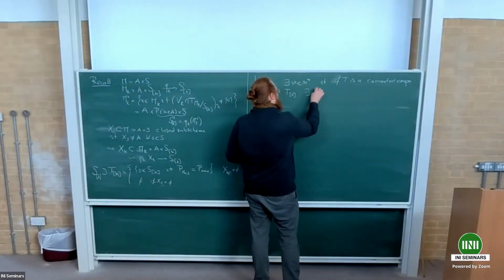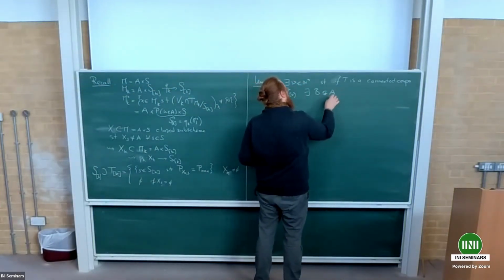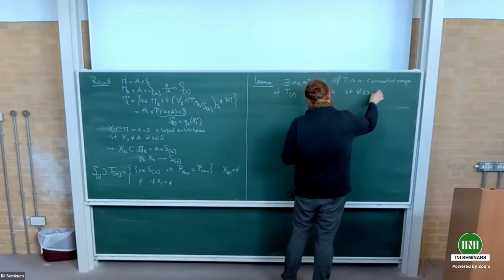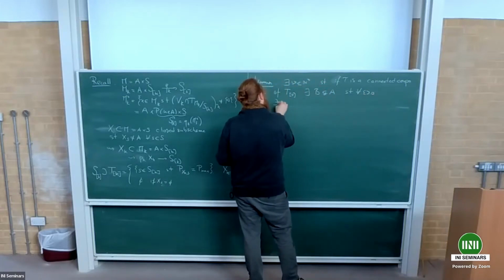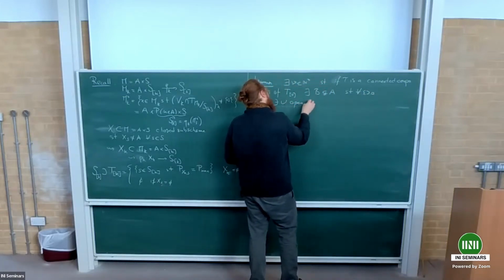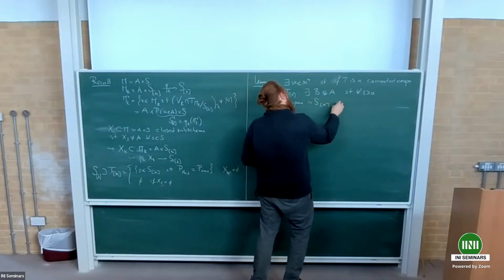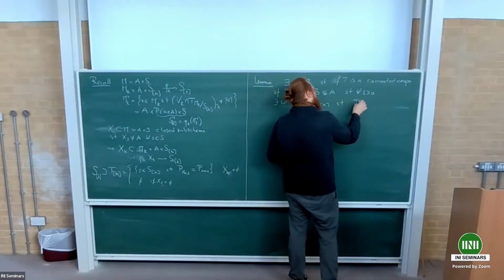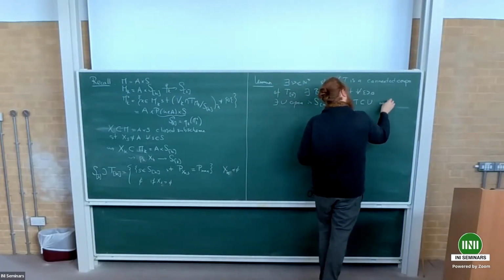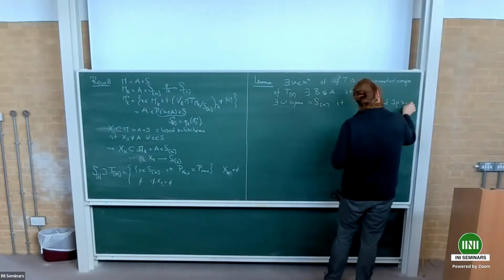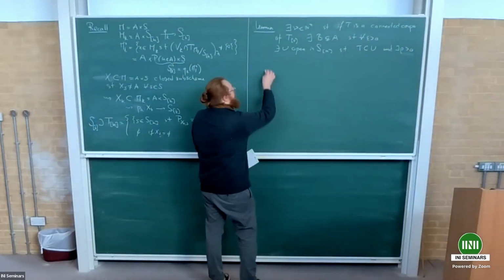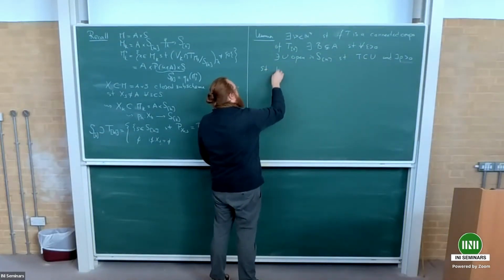There exists a proper abelian variety B in A, such that for any epsilon bigger than 0, there exists an open neighborhood U open in SK such that T is contained in U, and there exists some other constant rho such that you have this inequality.